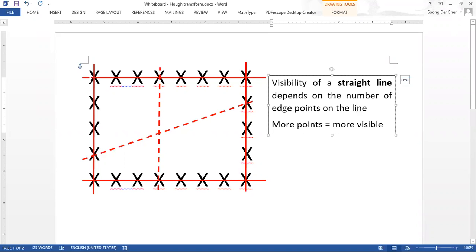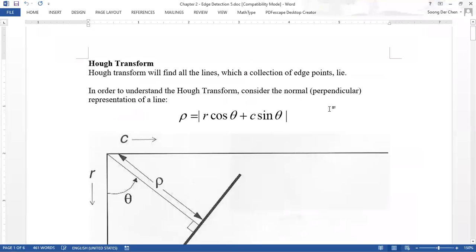You notice the 4 main lines here because they have more edge points, compared to the lines which are not so visible. Although you can say that they exist, they are not so visible. So it is very much dependent on the edge points on the line. What we want to do here is to detect the lines formed by the edge points.